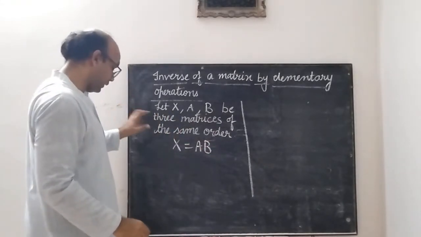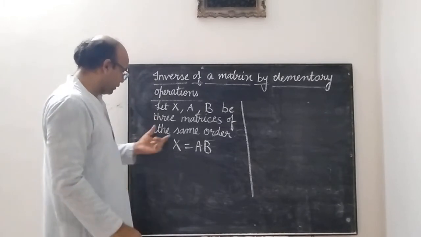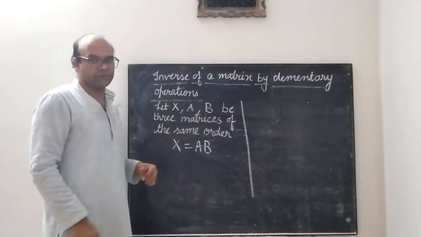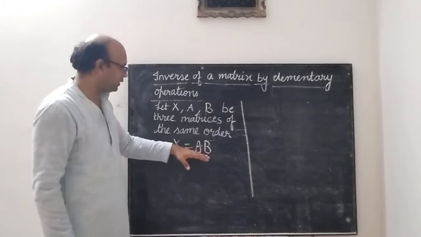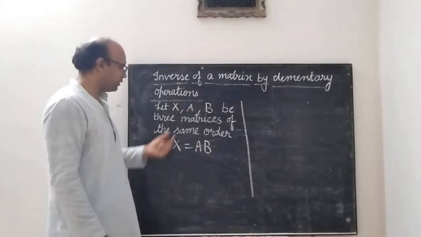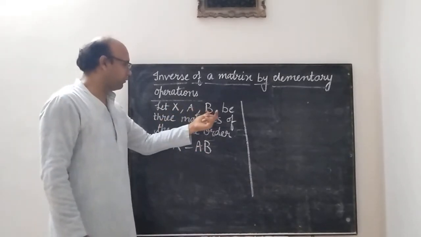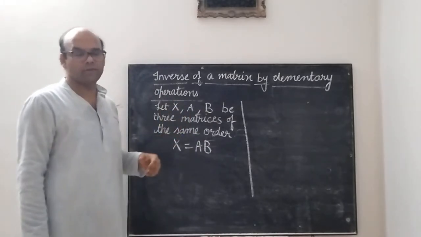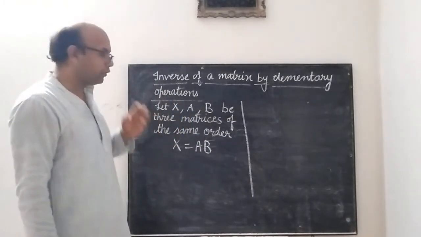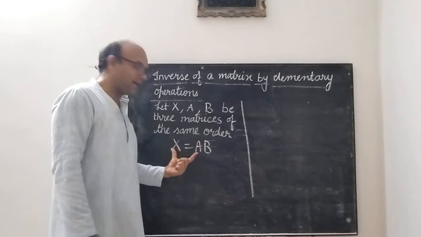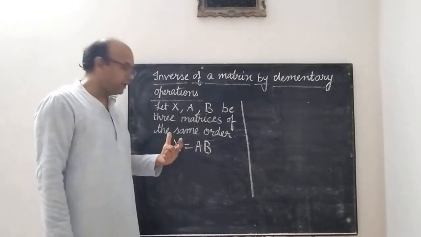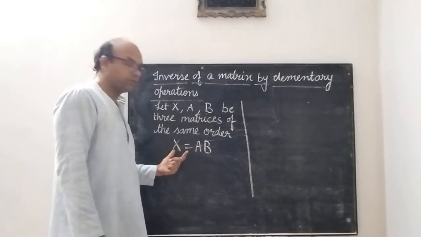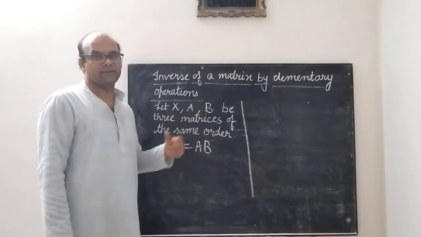This is an equality for three matrices where the product of A and B is equal to the matrix X. Now, when we apply the row operations, we apply them on both the left hand side and the right hand side.